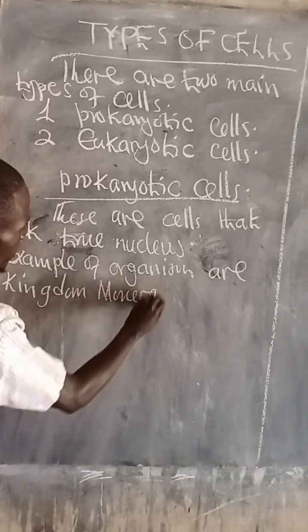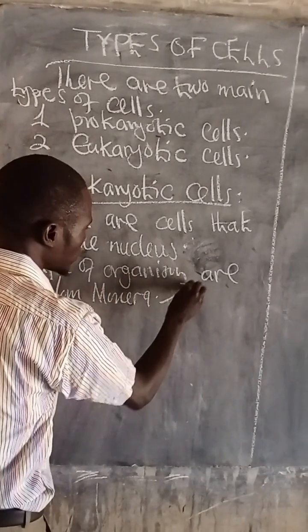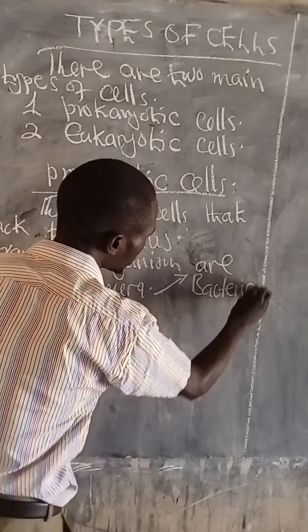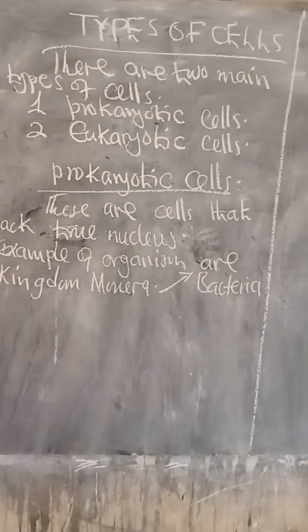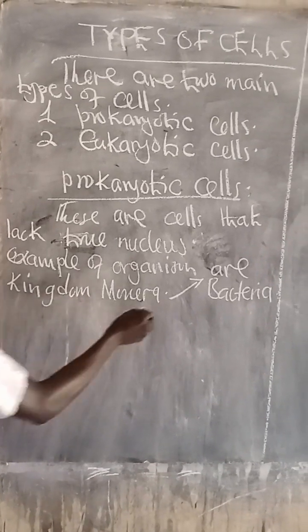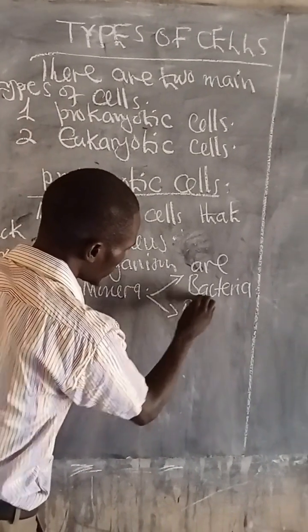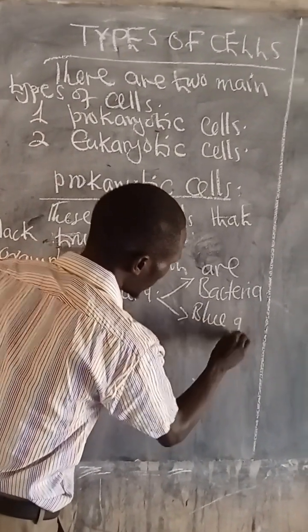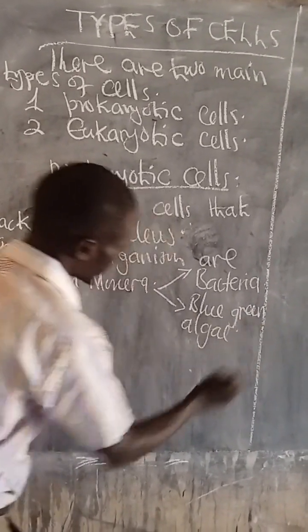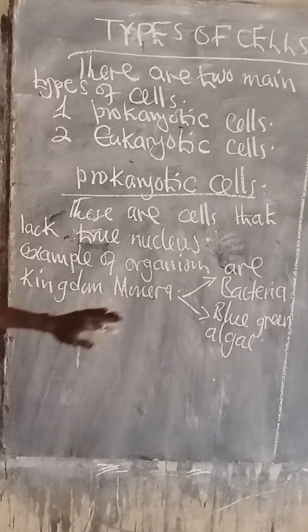When we look at kingdom Monera, we are looking at organisms like bacteria. Bacteria is one of the organisms that have this type of cell, and we also have the blue-green algae, which is also an example in the kingdom Monera.